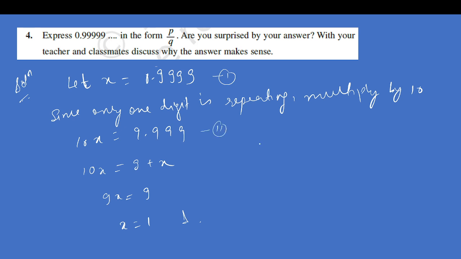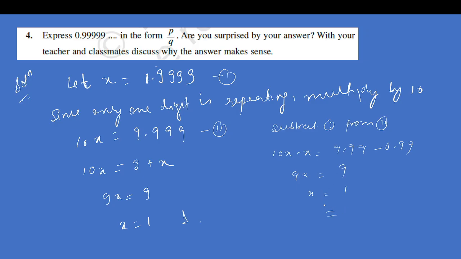This is your second equation. Now subtract 1 from 2. 10x less x is equal to 9.99 less 0.99. 9x is equal to 9. x is equal to 1.